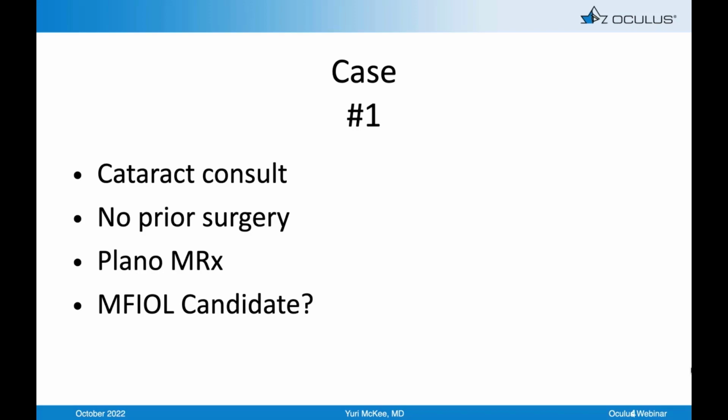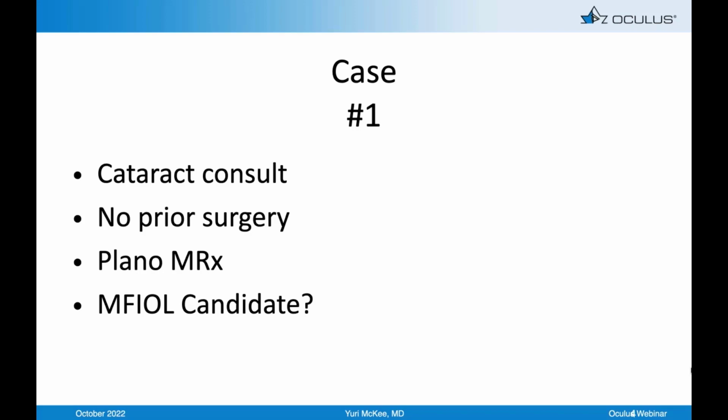So this was someone who came in for a cataract consult, no prior surgery. They basically have a plain old refractive situation at the time being, and they were told that they were a multifocal candidate, and they want to know, is that true? Well, let's take a look at the holladay report on the Pentacam.